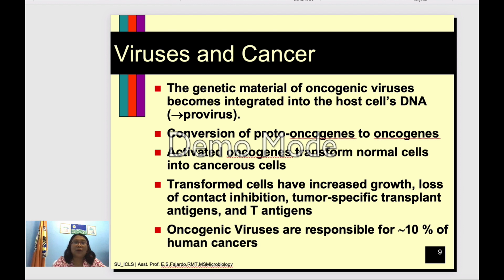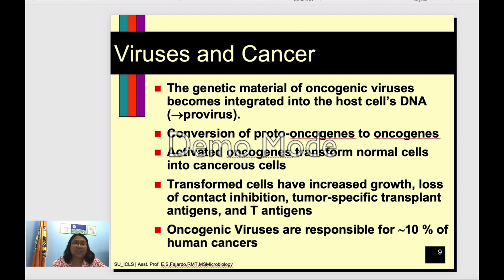Now, what about viruses and cancer? So we will discuss more on this, but just to give you an overview, the genetic material of oncogenic viruses becomes integrated into the host cell DNA, and that's what you call the provirus. And then there is conversion of proto-oncogenes to oncogenes.